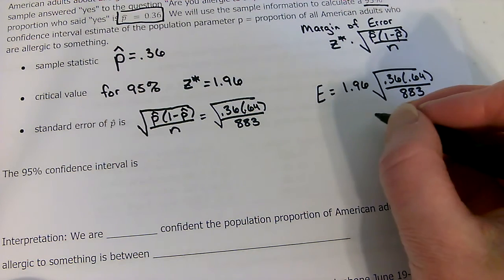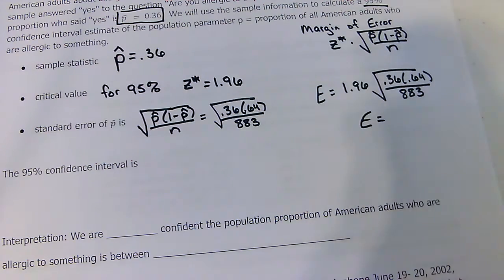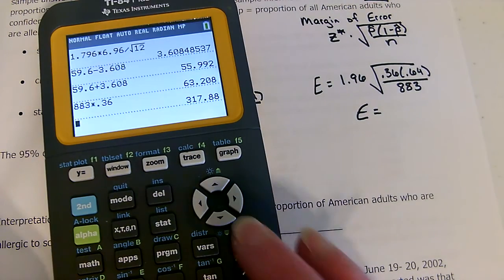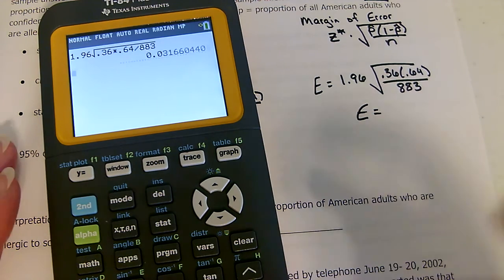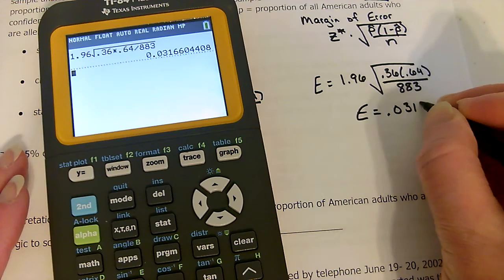And we end up getting an error of, when I run that through the calculator, 1.96 times the square root of 0.36 times 0.64 divided by 883, I get 0.0317.